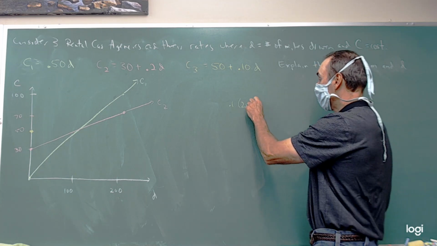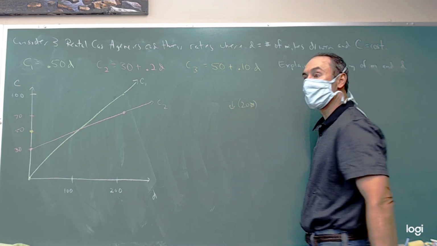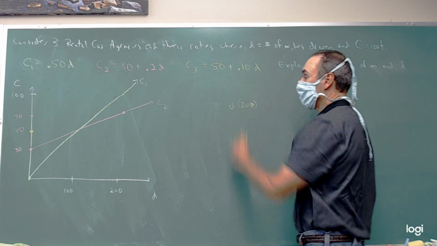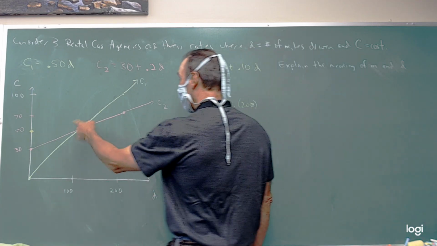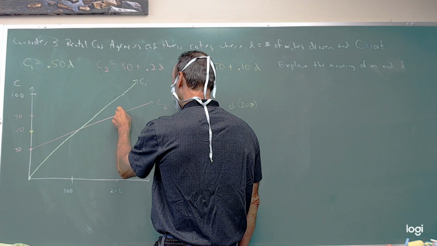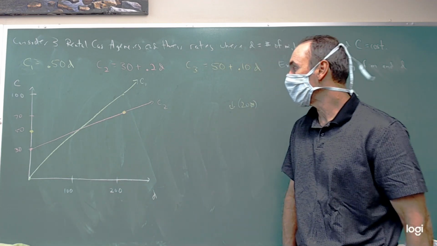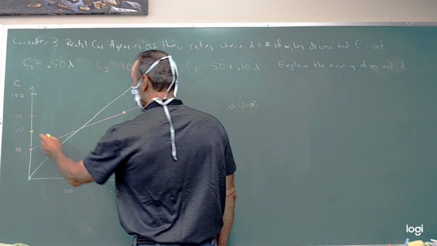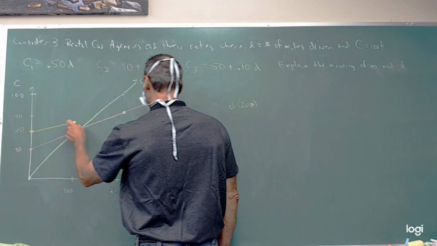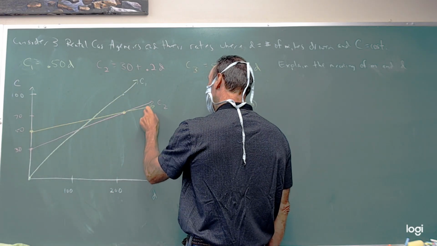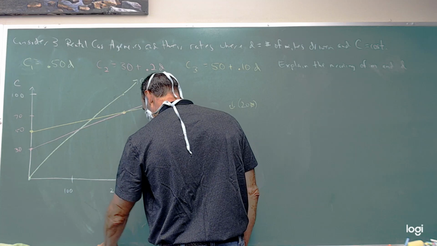Because you can take one of the zeros and move the decimal over, so it's 1 times 20, plus the 50 is going to be 70 again. So it looks like by the time we get to driving 200 miles, Agency 1, Agency 2, and Agency 3 are going to cost us the same. So there's going to be Agency 3.